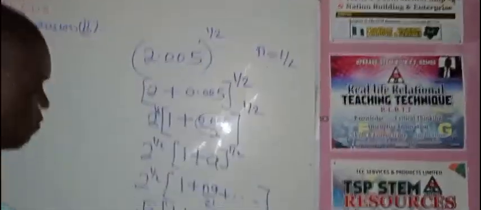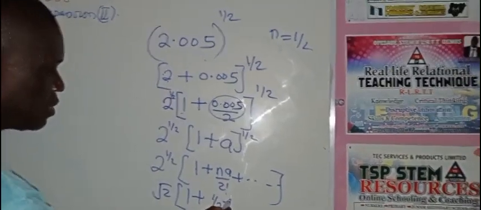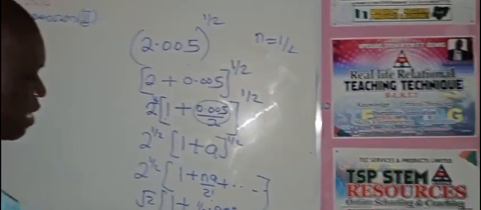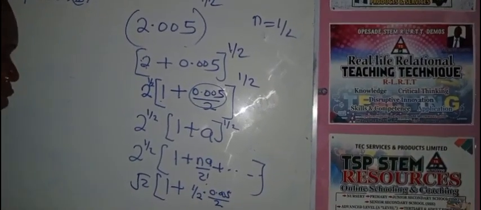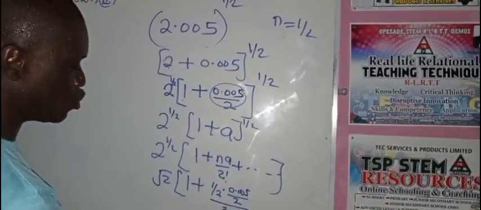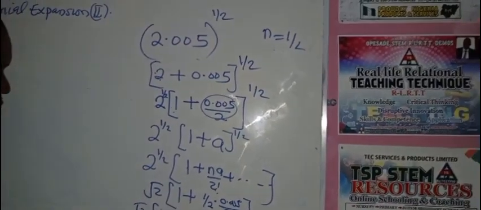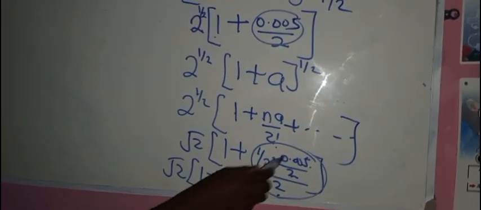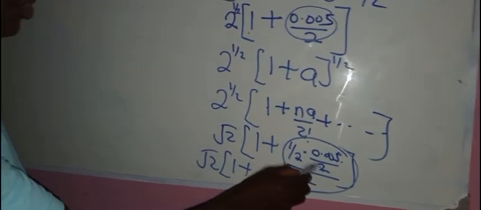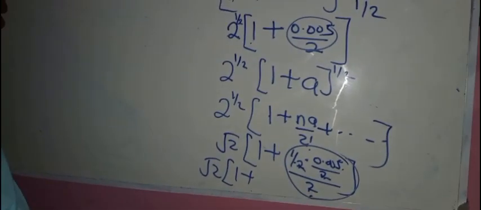So that will be half times 0.005 over 2. Okay, that's our a, divided by 2 factorial is 2. So that is all. So that will be 2 into 1 plus, all these 2 will go down. That will be 8. That will be 0.005 divided by 8. All this one. Okay? 0.005 divided by 8. All these two will go down to make this become 8. Then you now do it and then you get your answer.